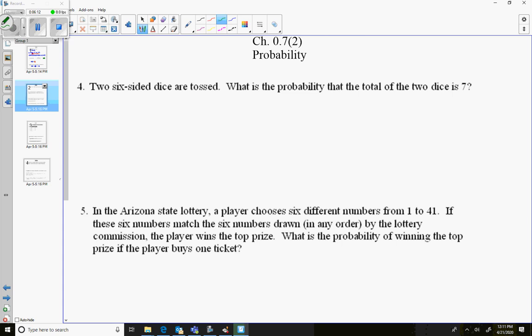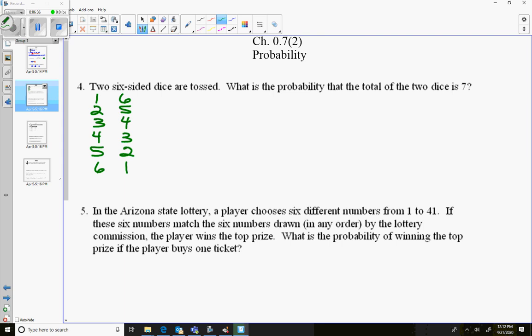So to get a 7, we could have a 1 and a 6, a 2, 5, 3, 4. That is not a 4. Try that again. 4, 3, 5, 2, and a 6, 1.